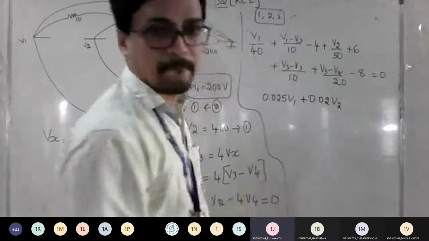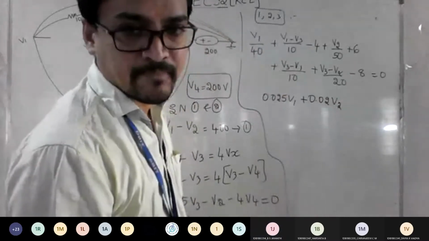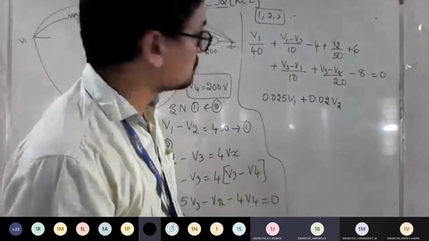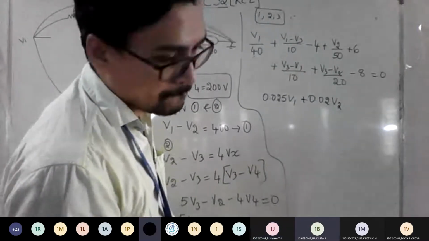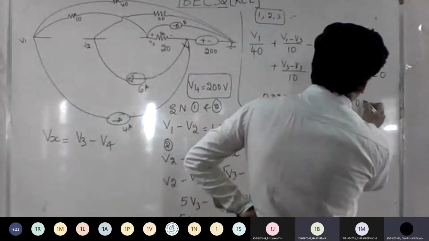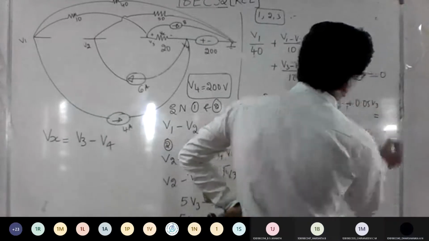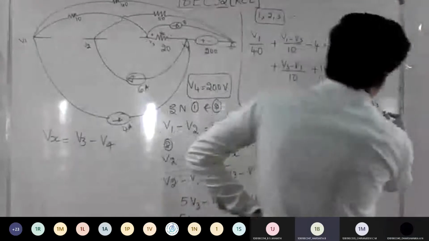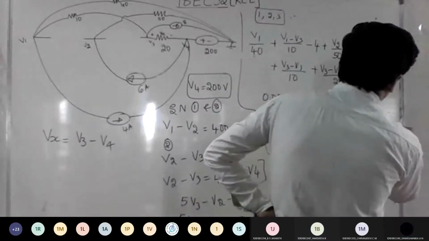Am I correct? Yes or no? 0.02 V2, 0.05 V3 is equal to 16. So this is your equation number 3.